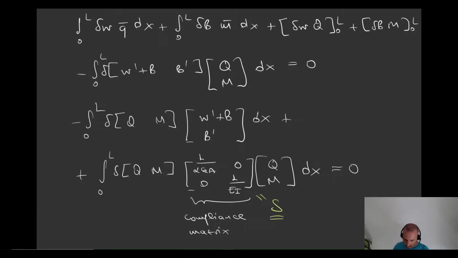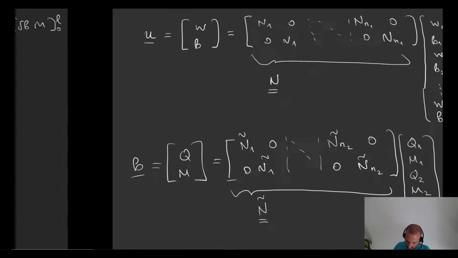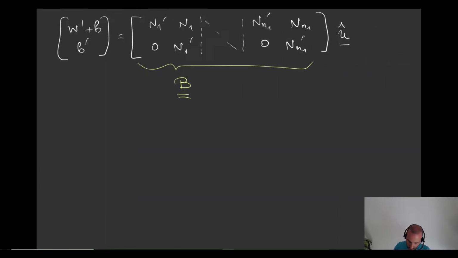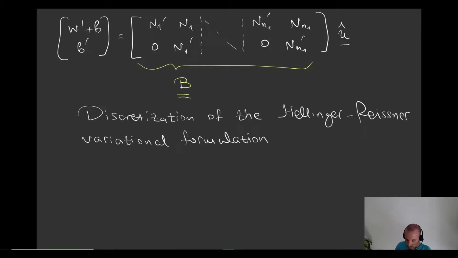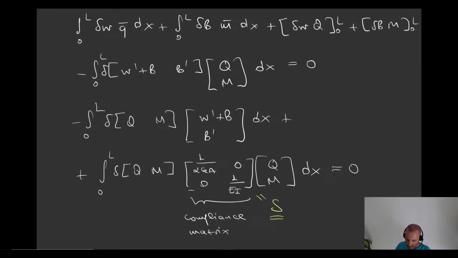Okay, and now to discretize this equation here, what do we have? That's going to be equal to, let's start with the discretization here. I'm going to write it as a title. Okay, so the first term is going to be equal to minus integral from 0 to L. And because we have the first term here, delta Q and M, this is a transpose, obviously, of that term that we discretized before.